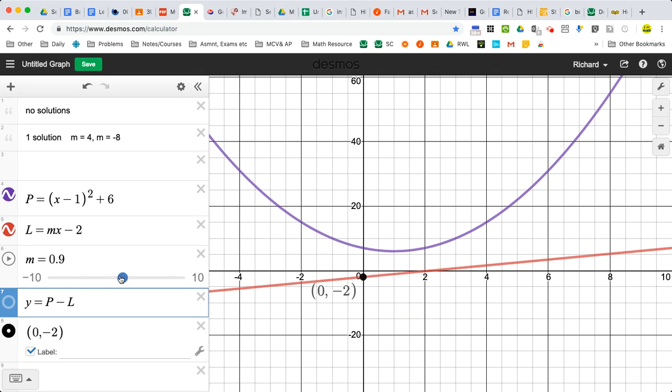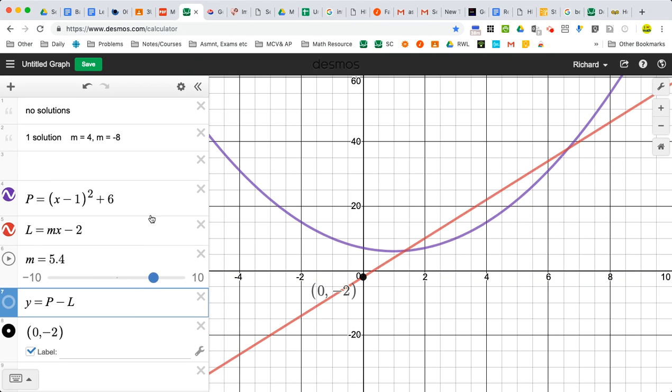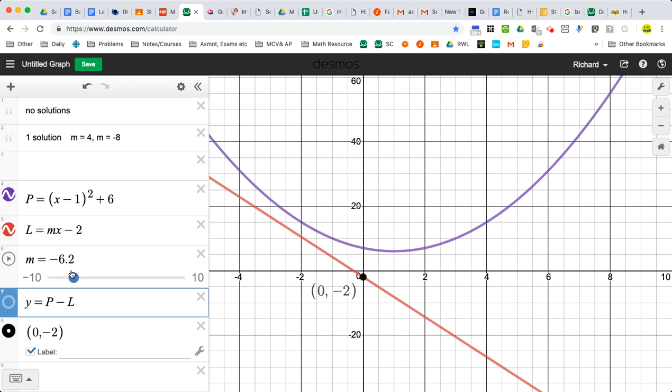So I keep going around, and then I come back to a positive slope, and then I get my one solution again at 4. Okay, so any slope between 4 and -8 has no solutions.